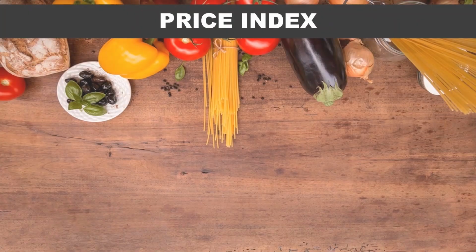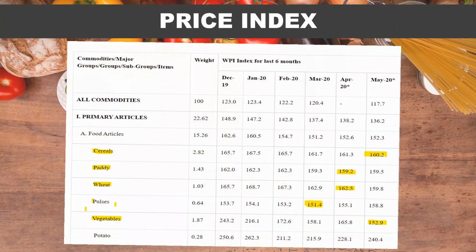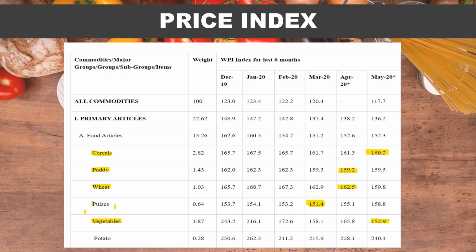Now let's understand what is price index. In the image given here, the monthly wholesale price index of various commodities is mentioned for the period of 6 months. Now you can see, as I've highlighted in yellow, that the cereals are available at cheapest price in the month of May, while the paddy is cheaper in the month of April.